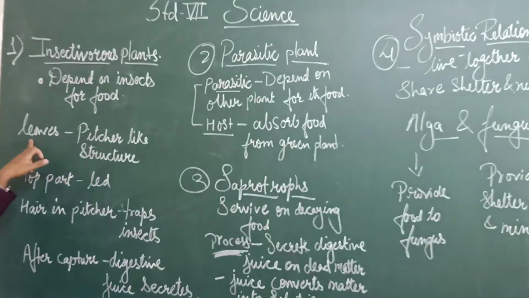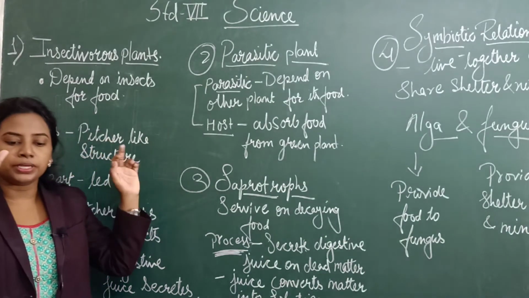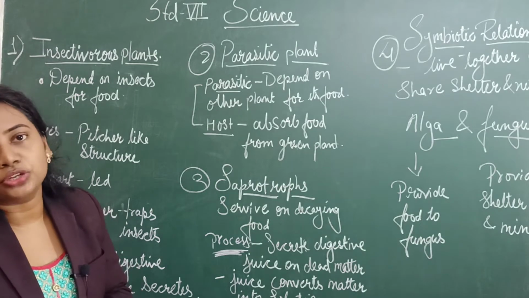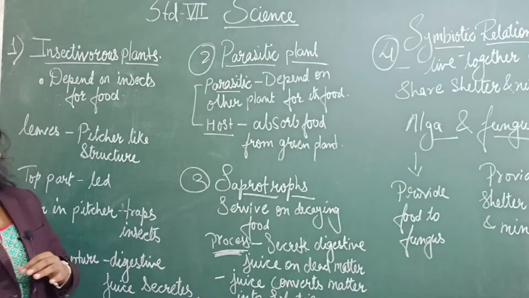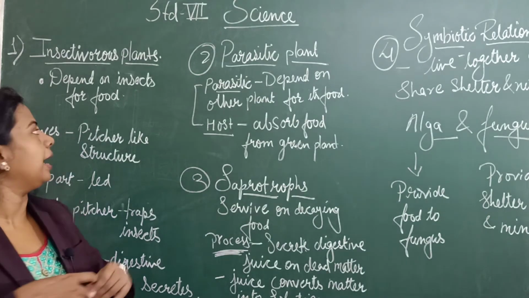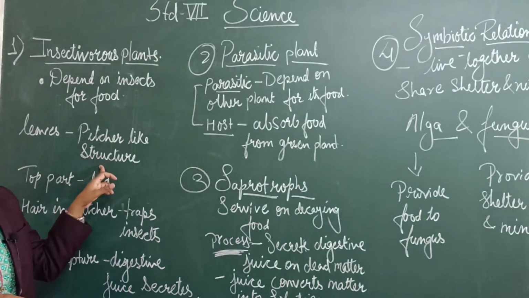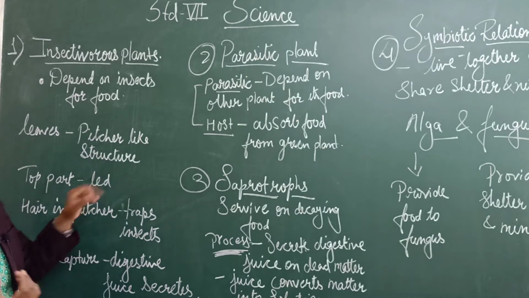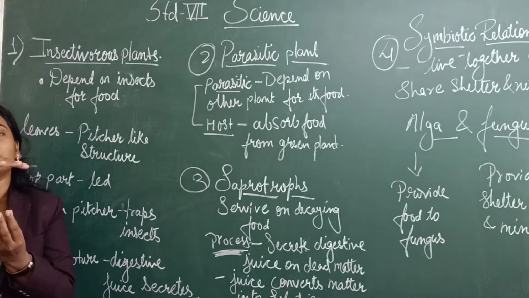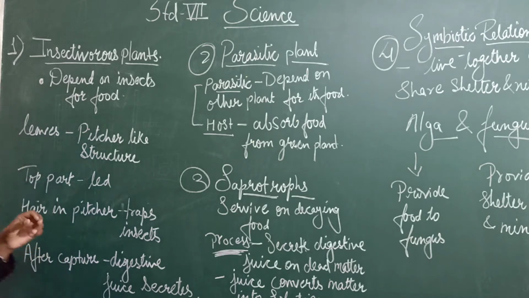How? Like the leaves of a pitcher plant. See the pitcher plant; there is a picture given on page number 5. The pitcher plant is a tubular structure, a pitcher-like structure, and on top of it there is a lid-like structure. So what is there inside the pitcher plant?